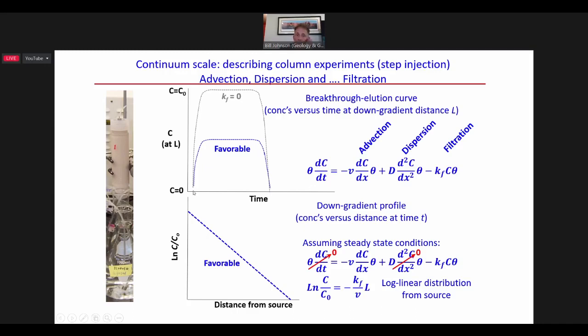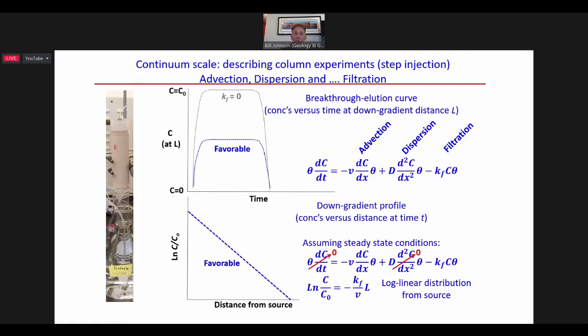But if we start injecting colloids into the system, there'll be a lag that is representing the pore space, the pore fluid being displaced. And eventually, as that is fully displaced, colloid breakthrough will occur. And a steady state plateau will exist for as long as you inject the colloids.